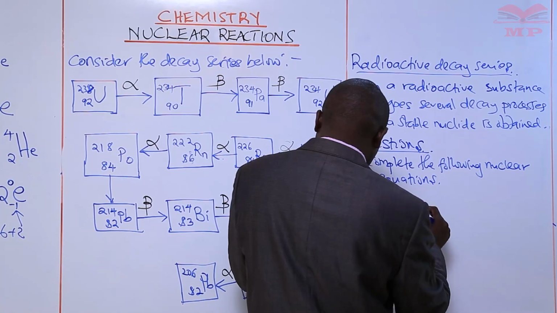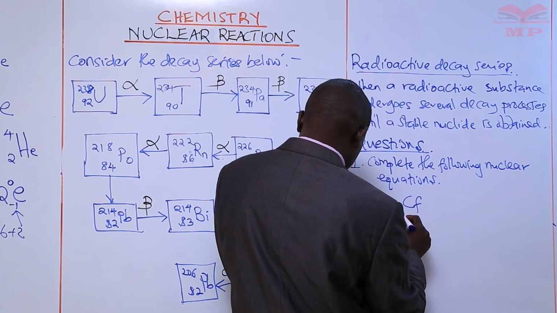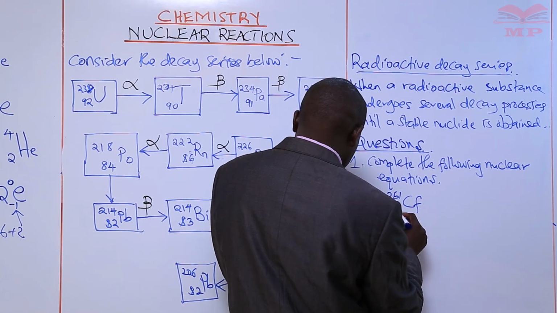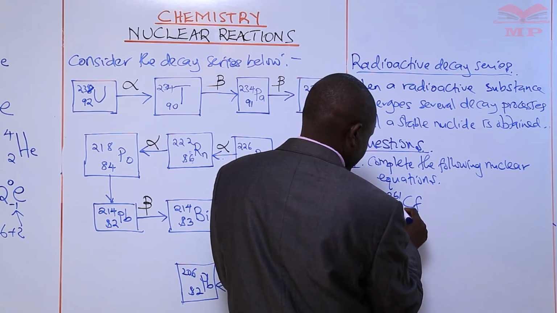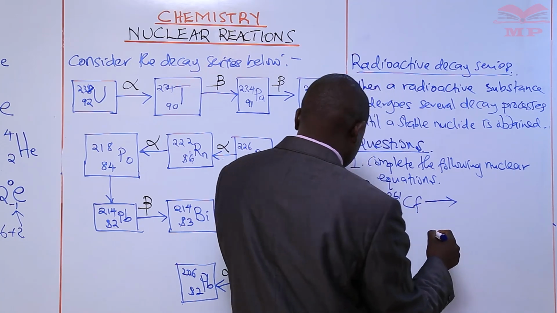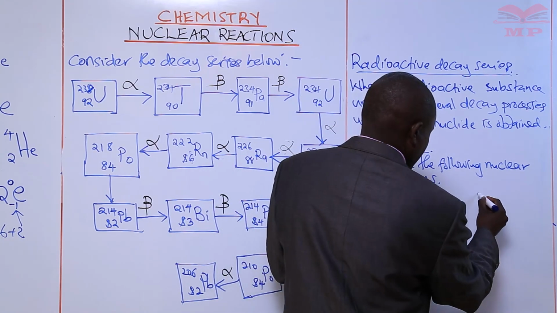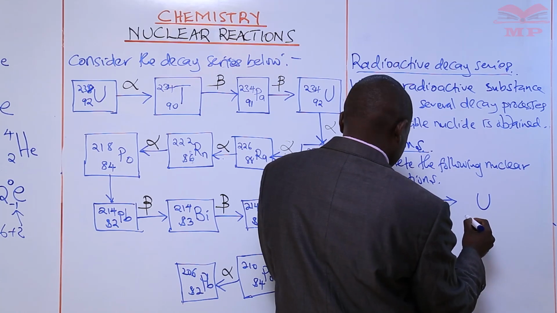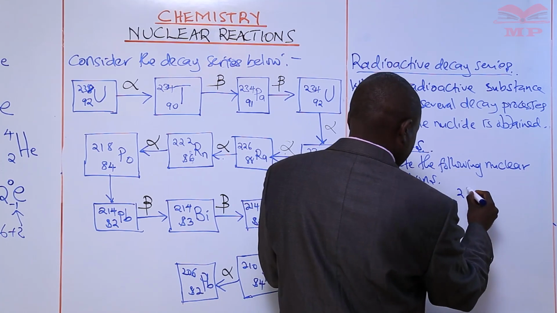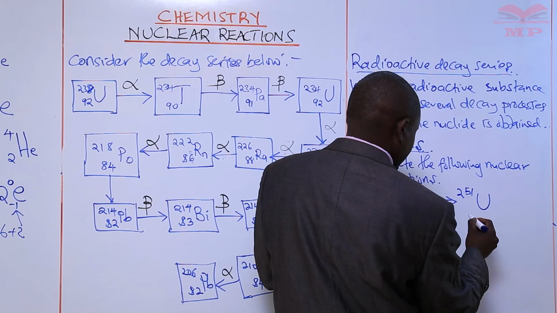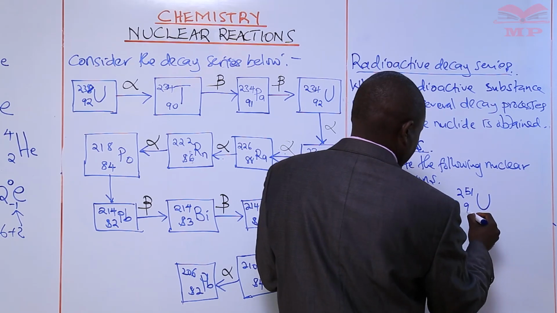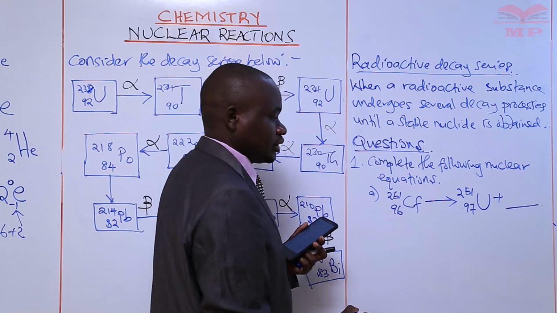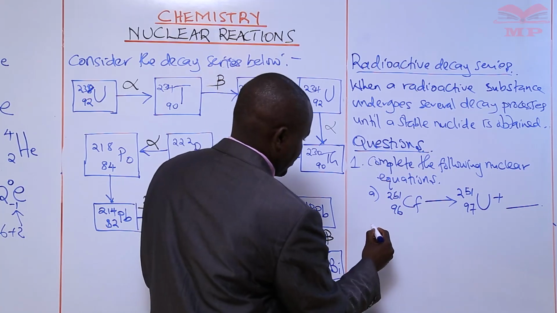We have this particle whose mass number is 251 and atomic number of 96. It decays to produce a new particle whose mass number is 251 and atomic number of 97. So identify the particle that is released there.